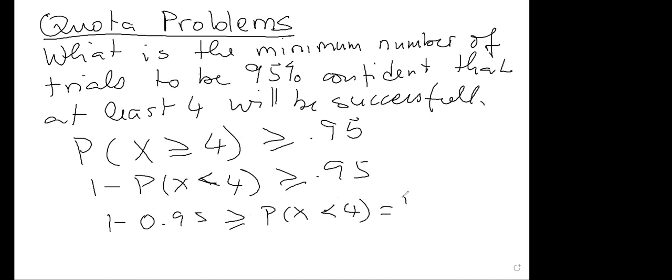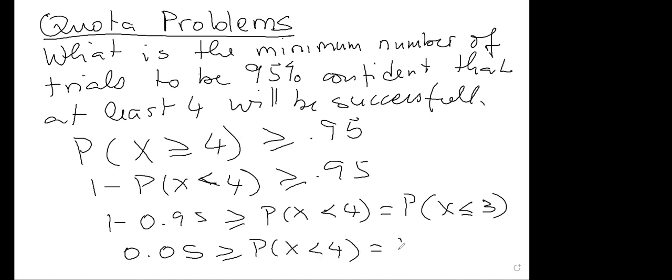I want you to know that the probability that x is less than 4 is the same thing as the probability that x is less than or equal to 3. So that means 0.05 is greater than or equal to the probability that x is less than 4, which is the same as x less than or equal to 3.